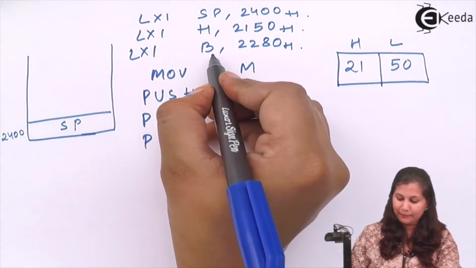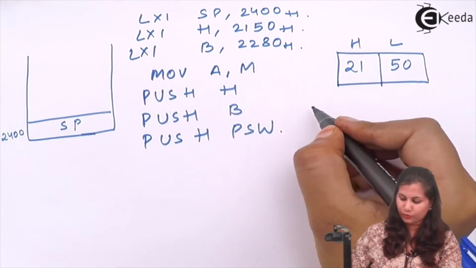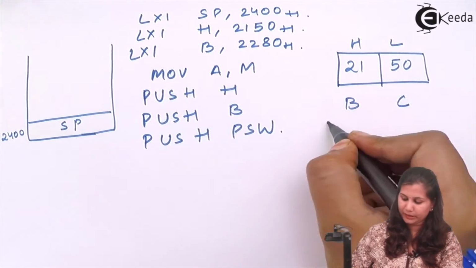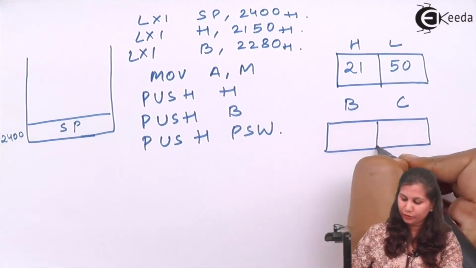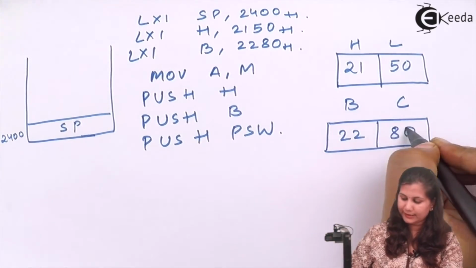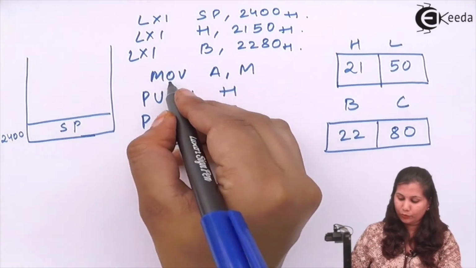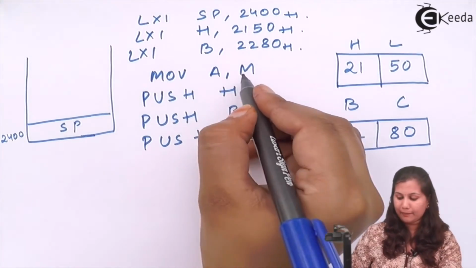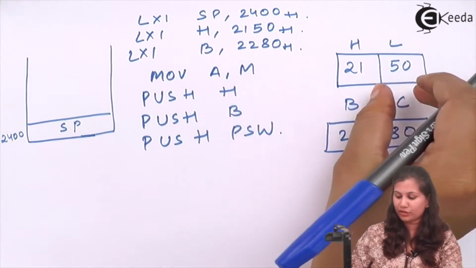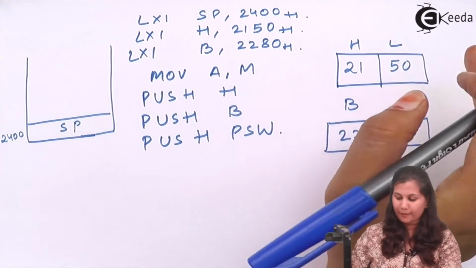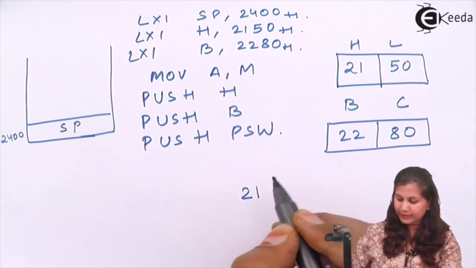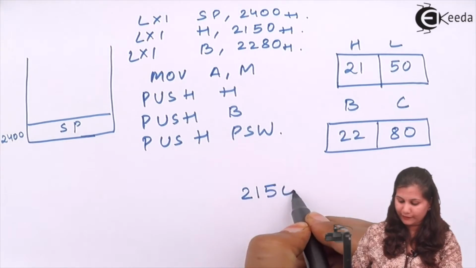Then we have LXI B 2280. So in the BC register pair, we will have 2280. Then MOV A, M. M means the memory location which the HL register pair is pointing to. So this memory location is 2150.